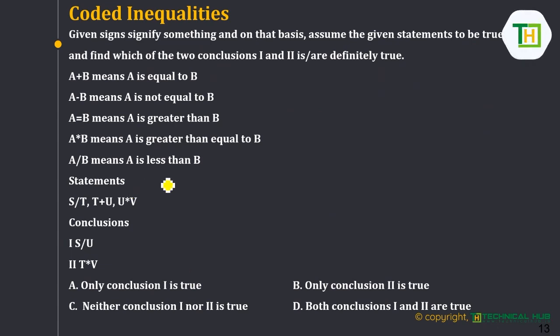The statements are S slash T, where slash means less than, so S is less than T. Next, T plus U, where plus means equals, so T is equal to U. And next, U star V, where star means greater than or equals, so U is greater than or equal to V. So these are the given statements.